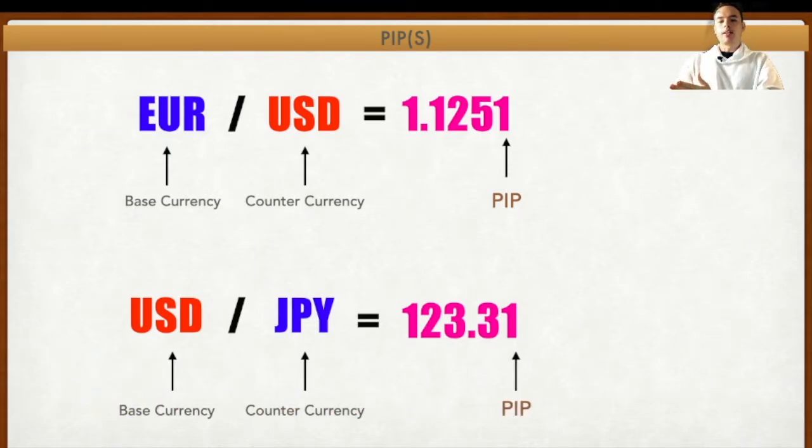Now that 1 is a pip. 31 pips, 331 pips, 2,331 pips, 12,331 pips. If it moves from 123.31 to 123.32, that is a 1 pip. If it moves from 123.31 to 123.41, that is 10 pips. That is how pips work.